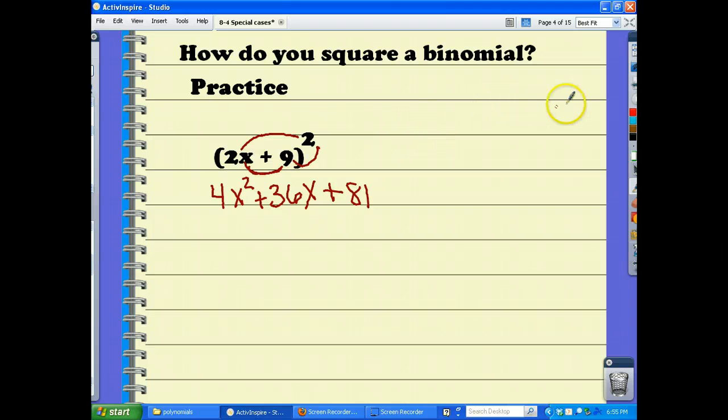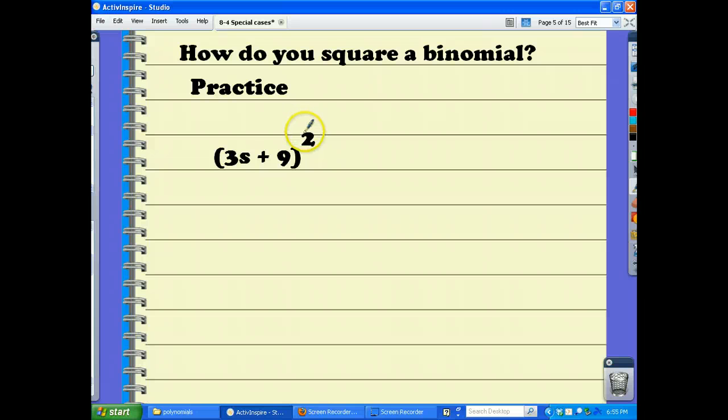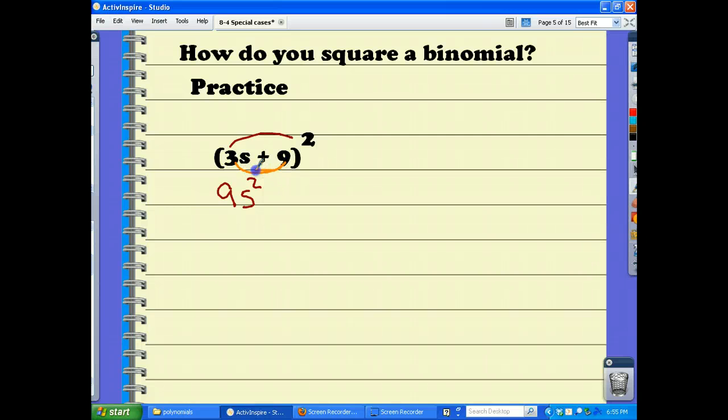All right, let's continue on. We'll work a couple more just for practice. By now you may be nailing this pretty well. So let's look at this one. 3s squared, 9s squared. My middle term, multiply these two together, and you're going to get 27s.